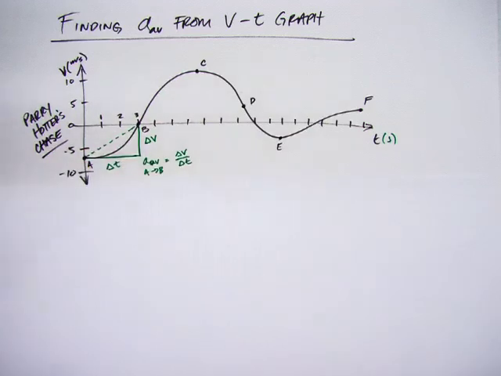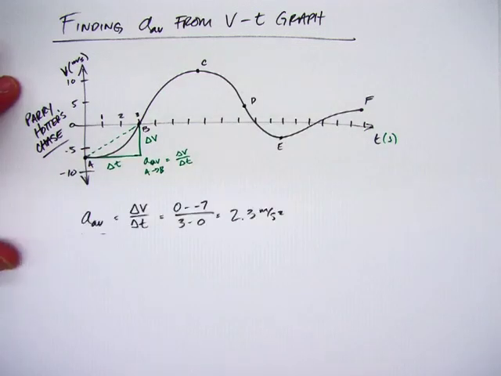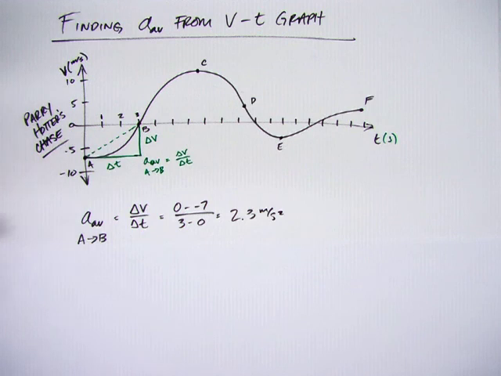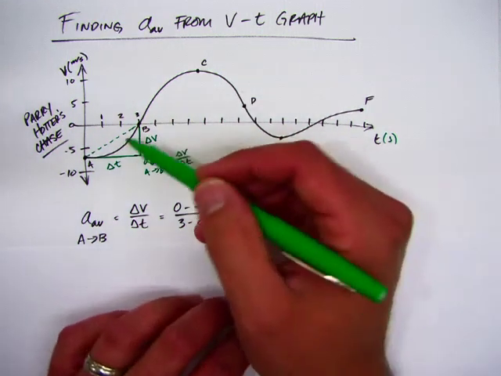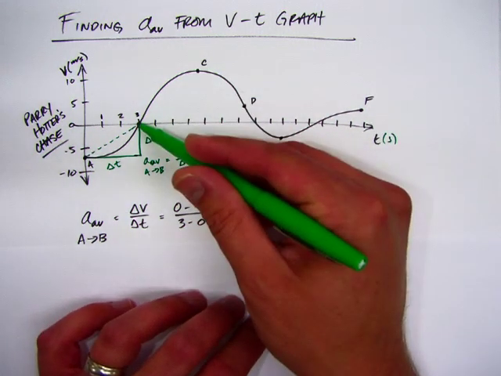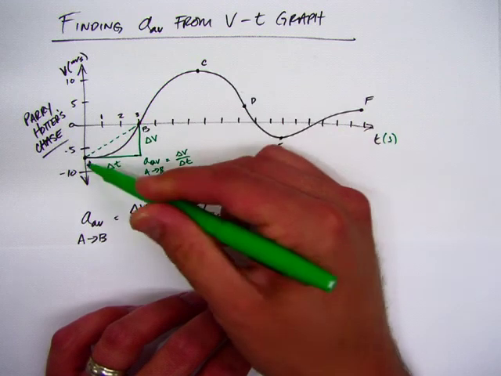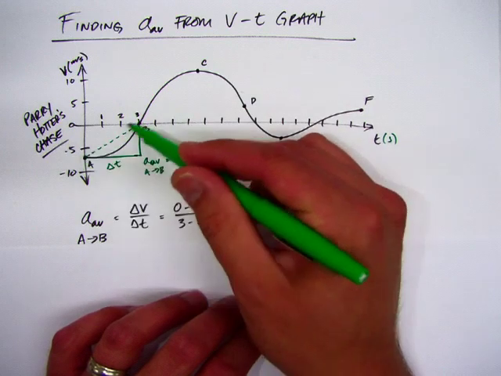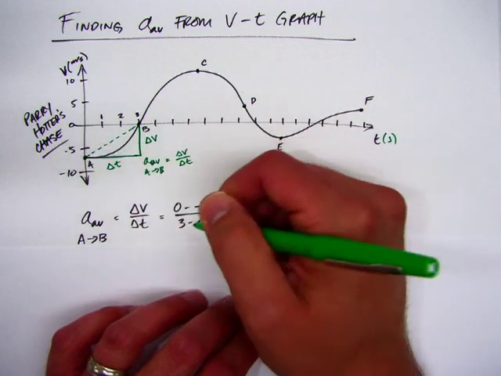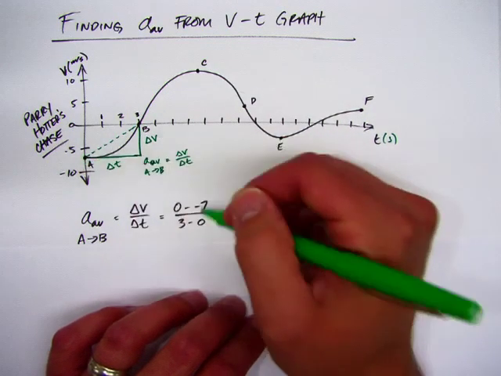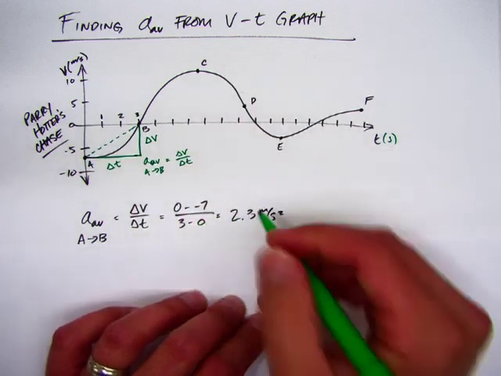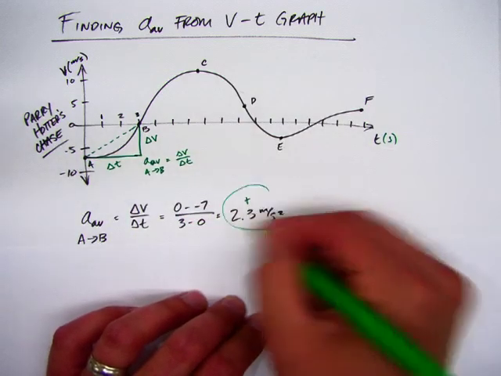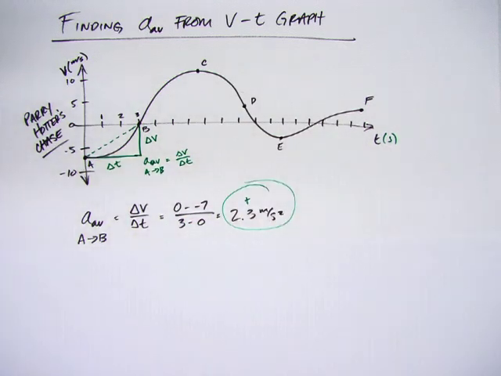over his run. In this case, my delta v over delta t, I end at 0 velocity. I start at about -7, so I go from 0 minus -7. I start at time 0, end at time 3. 3 minus 0 gives me a positive 2.3 meters per second squared.